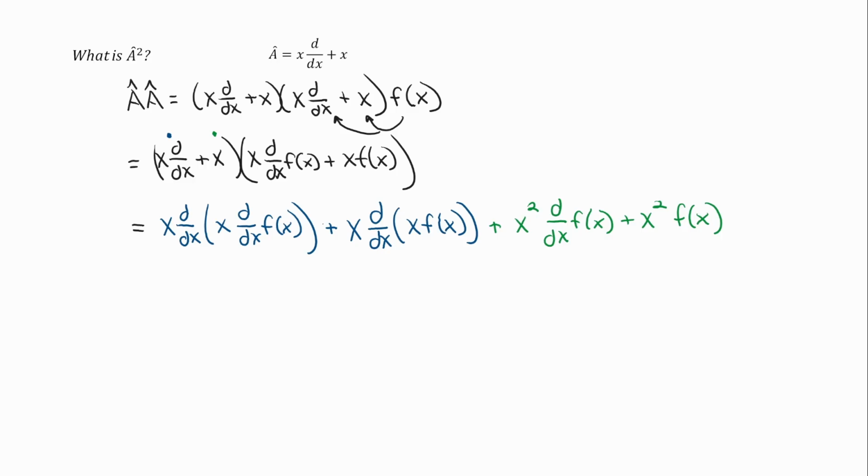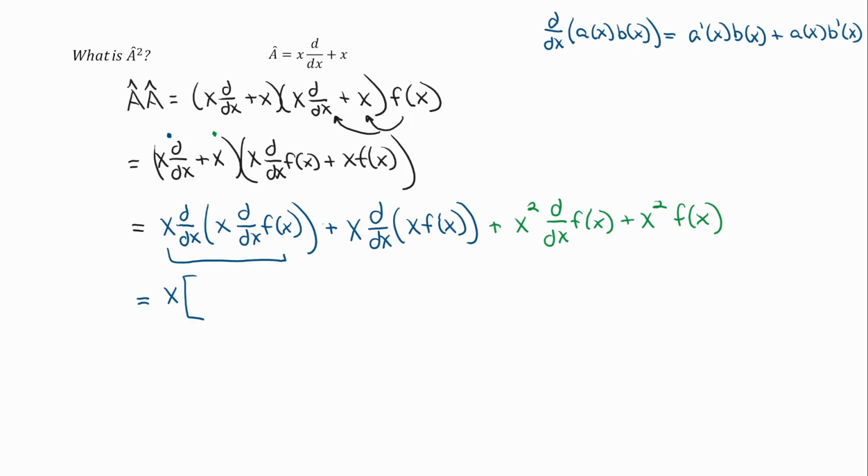So let's take a look at this first quantity and see what this will end up looking like. Here we're going to have x multiply the quantity of the derivative of this prospective function, where we have one quantity which is just x, which is our first function. Then we also have f prime of x as our second function. And we know the derivative of two functions with respect to x, a(x) times b(x), is the same thing as saying a prime of x, b(x), plus a(x), b prime of x.